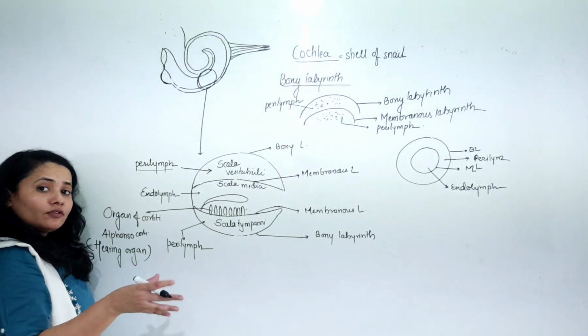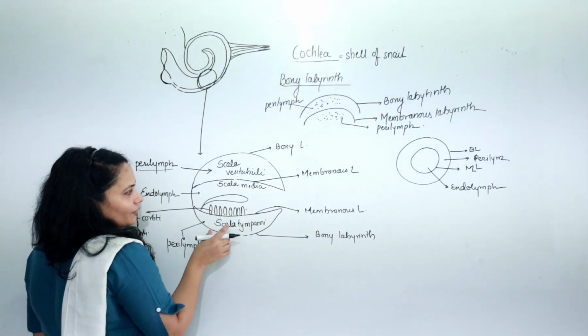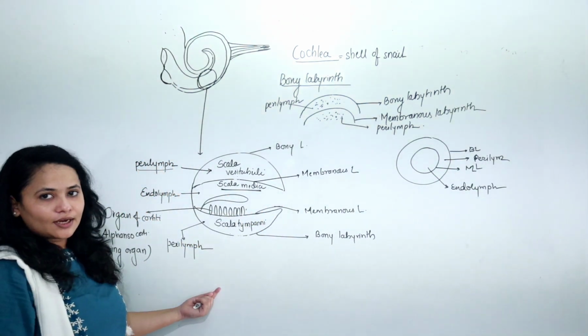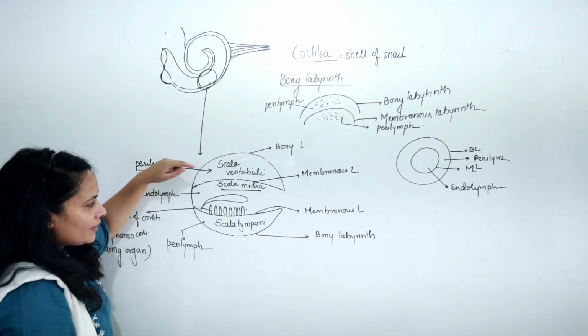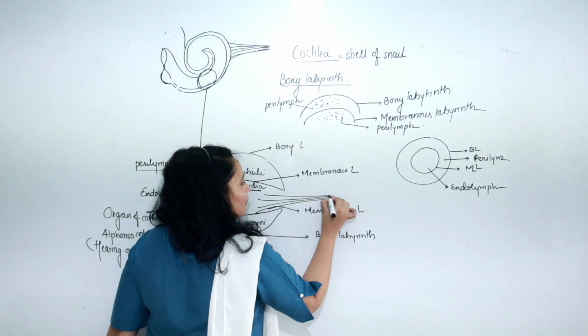And where is the organ of Corti particularly present in the cochlear tube? It is present in the middle zone, which we call scala media, separated by the membranous labyrinth. And from here come out the auditory nerves.